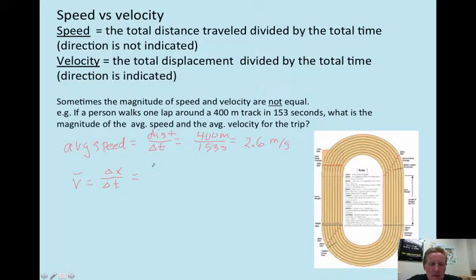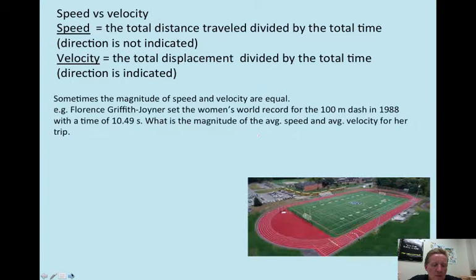So change in x is 0, and the time is 153 seconds. And so velocity is 0 meters per second. This would be a case where the speed is not the same as the velocity. I know that doesn't fit our everyday experience, but in physics, that's the way it is.